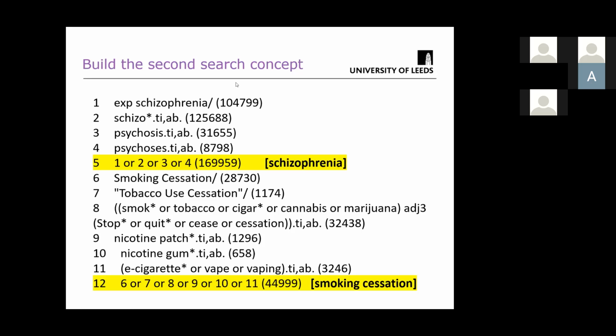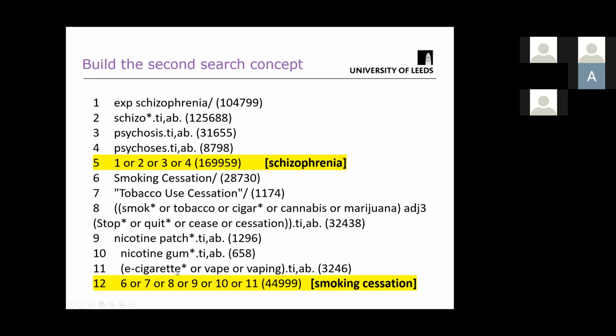Then I build up my second search concept and I'm looking for smoking cessation tools. Again, a combination of subject headings, text word searches, and phrase searches. Again, I'm interested in nicotine patches. It could be a nicotine patch, could be nicotine patches, so I've used my truncation symbol, my little star here, to help me find papers on that.